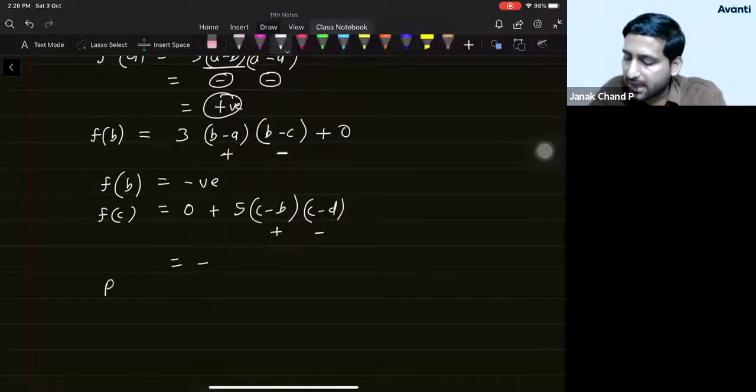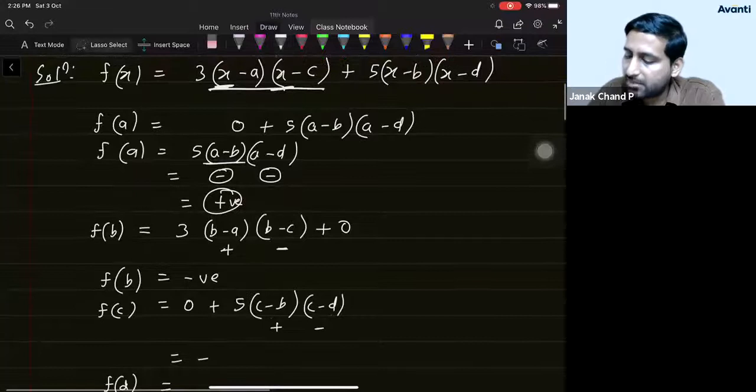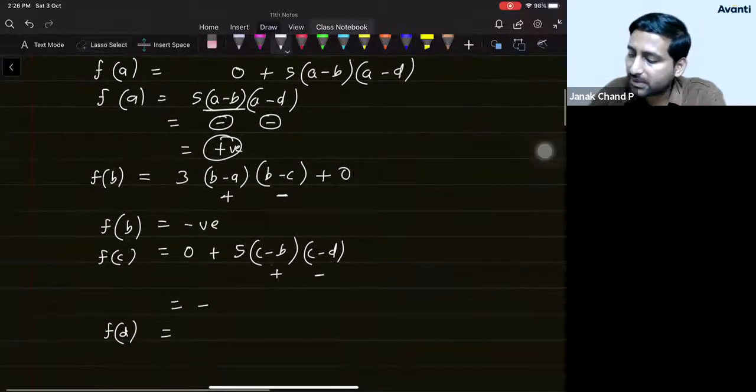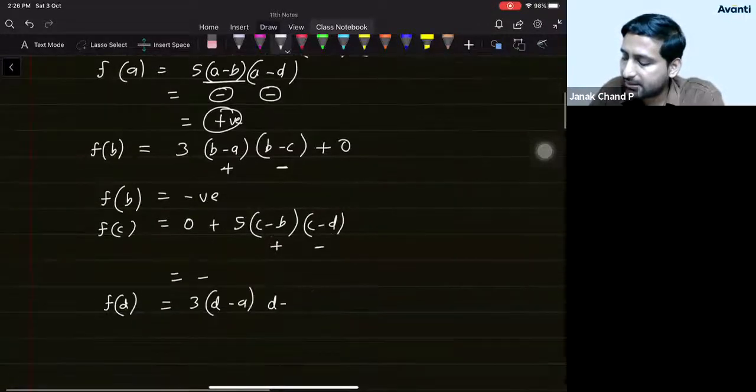Okay, the last number which is given in the question is f of D. Let us calculate that, right? As you can see here, when I put D everywhere, this vanishes. This becomes 0. And when I put D here and here, we would get 3 into D minus A, D minus C plus 0.